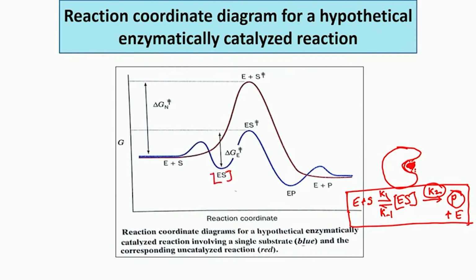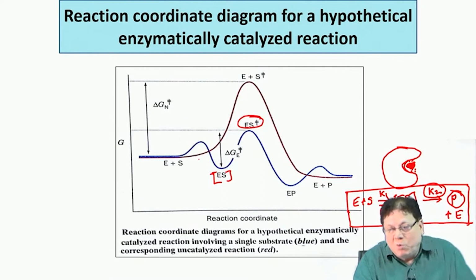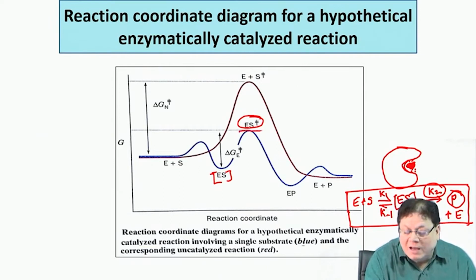Okay. Now, this ES complex, that means your original energy level now is being lowered. Okay. Then that goes into the transition state. Okay. When the reaction starts, when the bond starts breaking and new bonds are being made. So, at that point, this is basically the activated complex, the transition state.